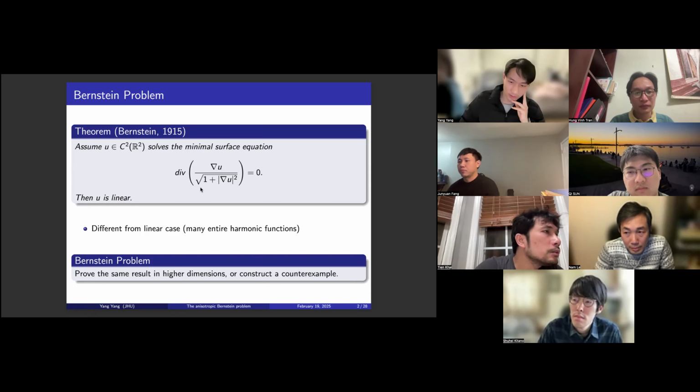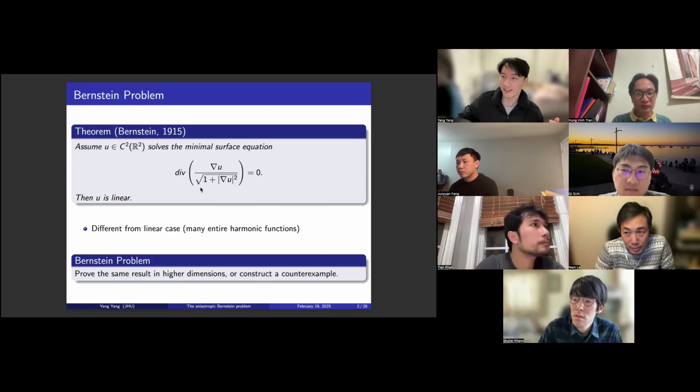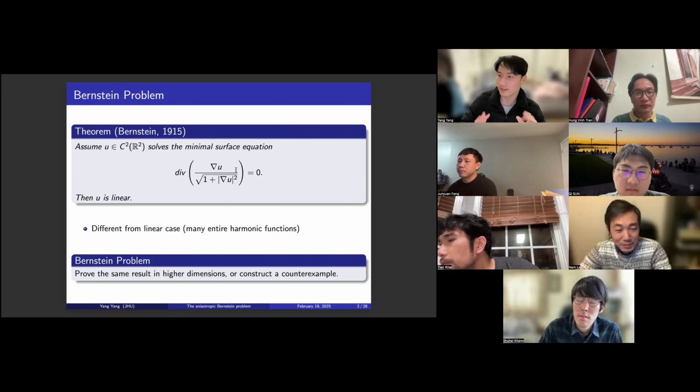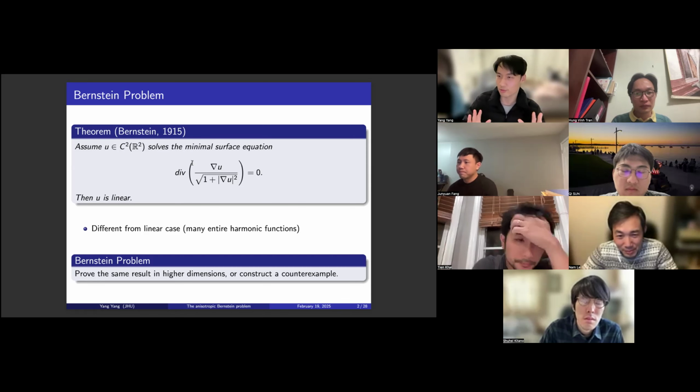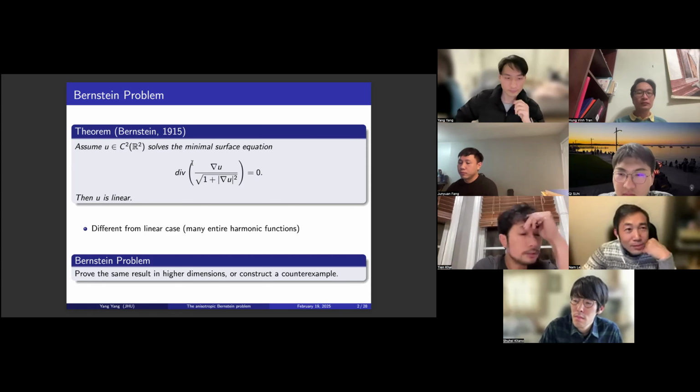On the other hand, we know there are many nonlinear global solutions to the Laplace equation. For example, you can take the real part of any holomorphic function, like e to the e to the e to the z, which has really fast growth. So this is a situation where the nonlinearity of this minimal surface equation helps us get a rigidity result.